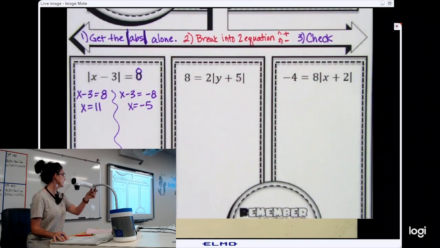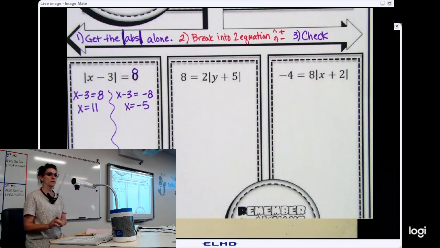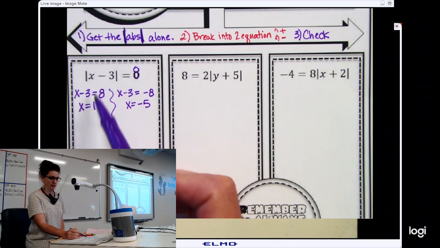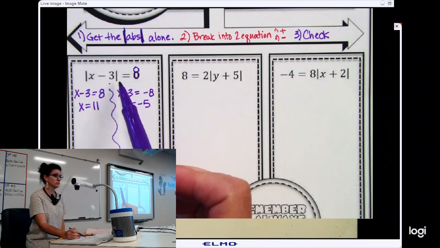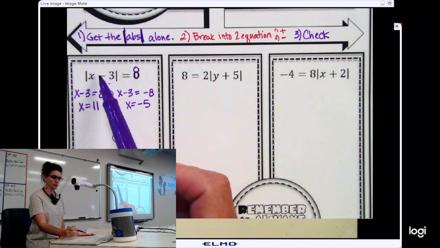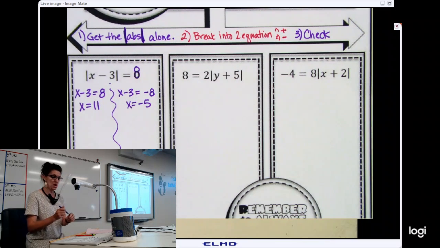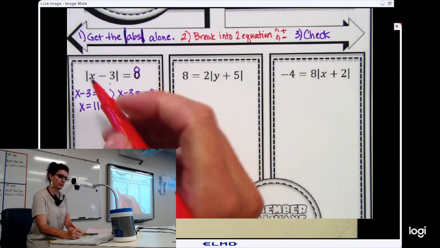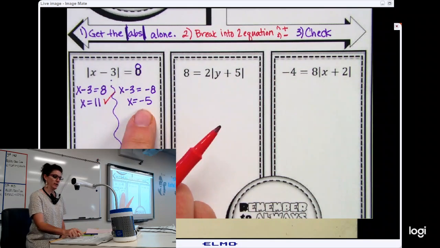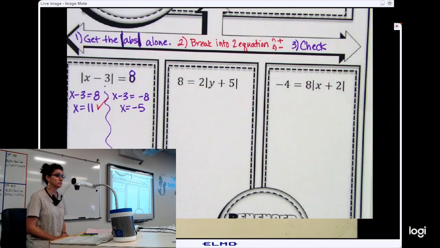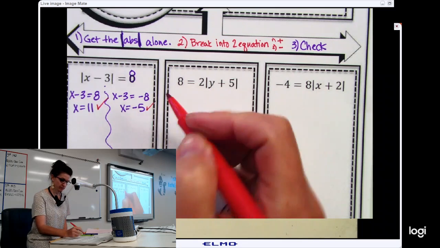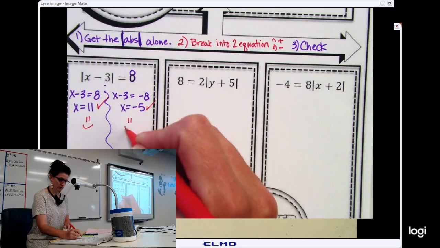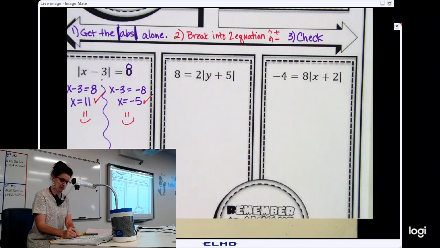Sometimes we can do them in our head. Sometimes you need to write them down, but I think this is one we can do in our head. Plug 11 in. 11 minus 3 is 8. Absolute value of 8 is 8. So we know we've got that one. Negative 5. What's negative 5 minus 3? Negative 8. Absolute value of negative 8 is 8. So those both work. You should write your answers as a set of numbers.